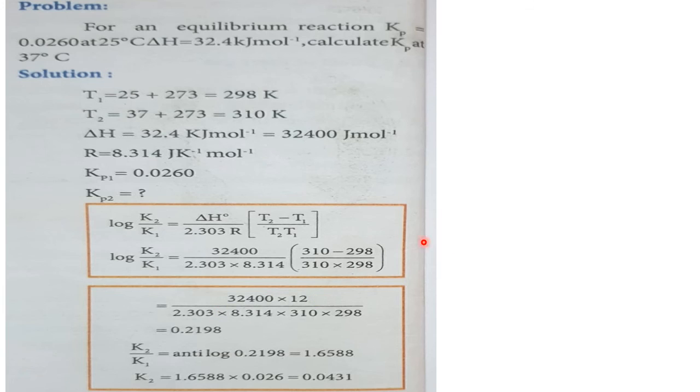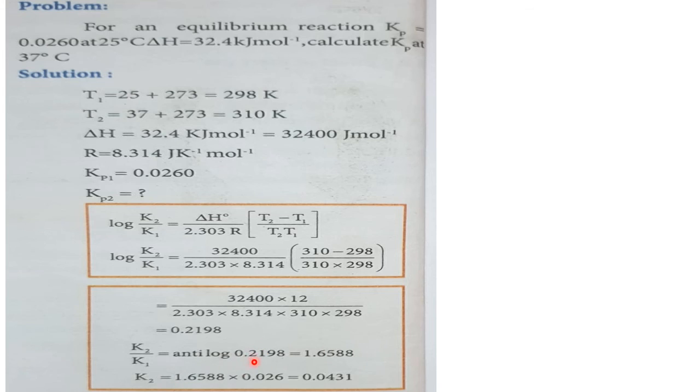Simplifying all the terms, we get 0.2198. So log of K2 by K1 is equal to this value. Just remove the log by taking it to the other side as anti-log. Anti-log of 0.2198 is equal to 1.6588, as given in the log book.